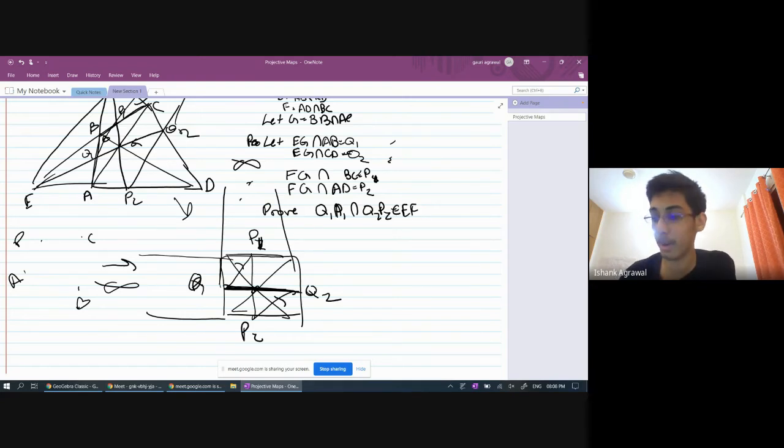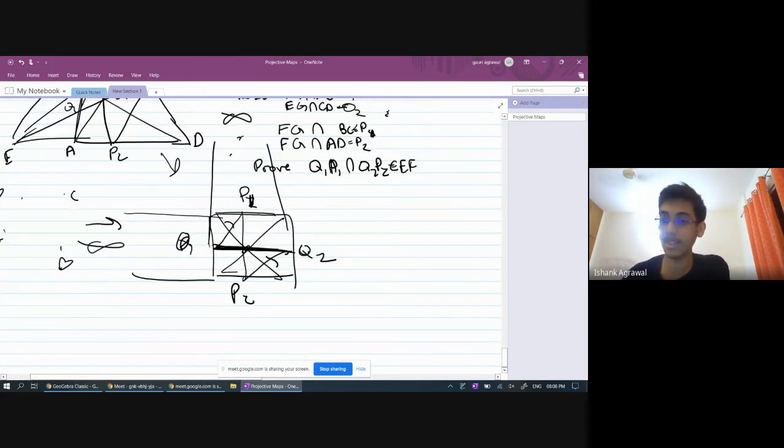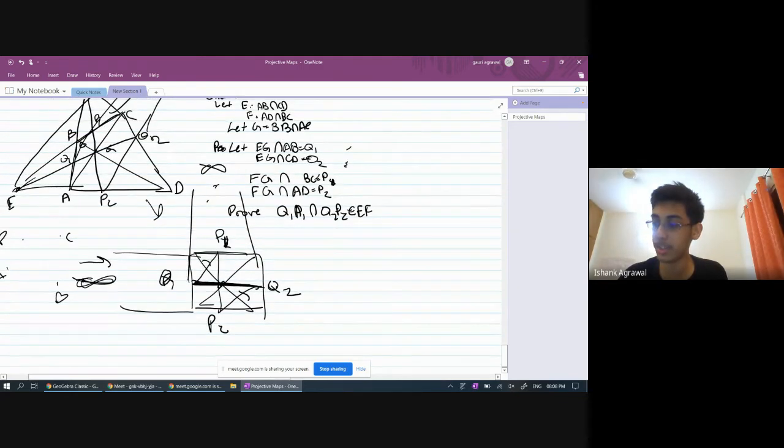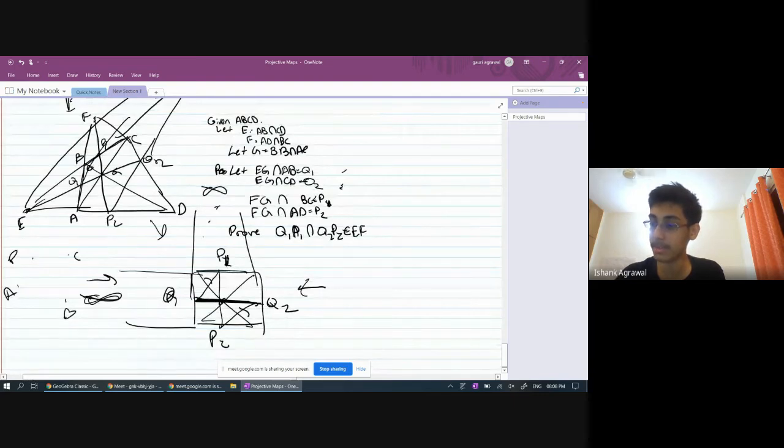Does anybody have any problem with this solution? Basically I'm thinking of this as a square looking at it from a different angle. So in that case, point E becomes this point at infinity, corresponding to this direction. F then becomes this point at infinity, corresponding to this direction.